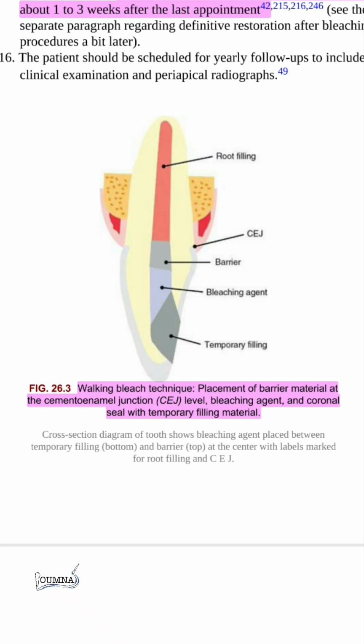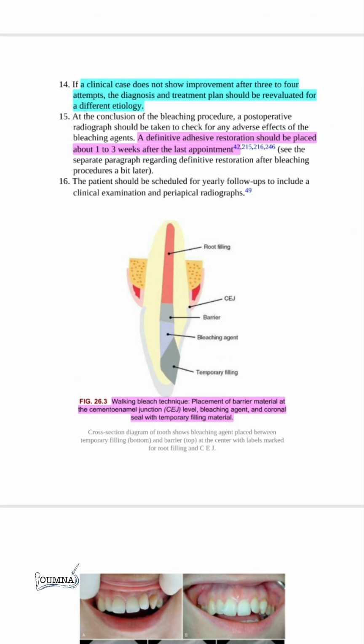After 3 days, from 3 to 10 days, we should re-see the patient and evaluate the process, and we can repeat it 3 to 4 times until we reach the desired color.